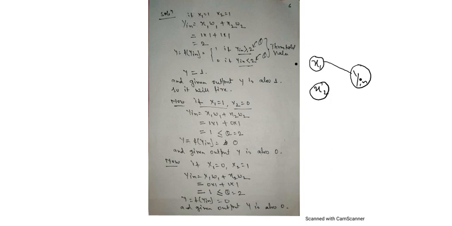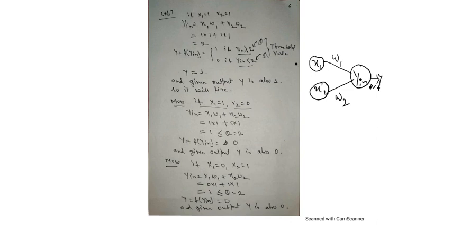So from x1 to the y input, x2 to the y input. There can be many inputs. Here it is y, and here it is the activation function. And for each x there will be a weight. For x1, w1; for x2, w2.